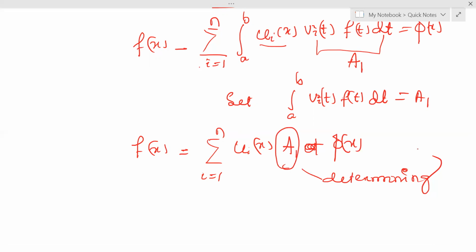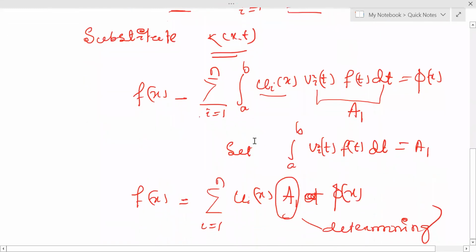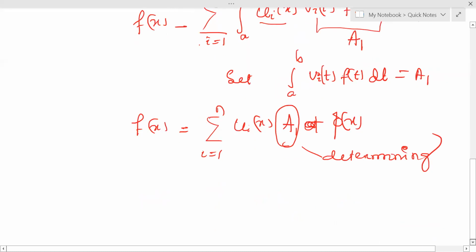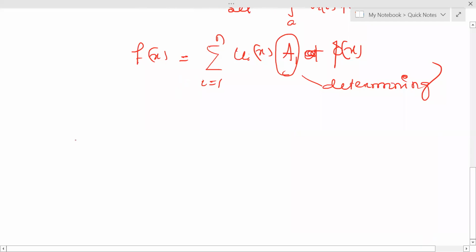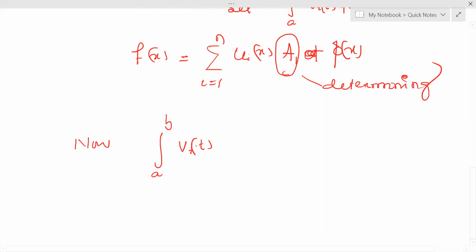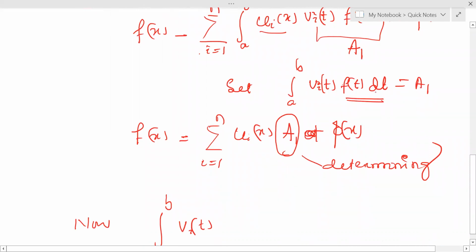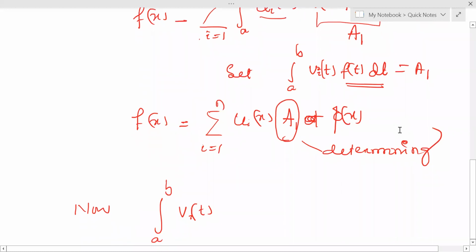Now the integration is given here: v_i(t) f(t) dt is equal to a_i. So now the integral from a to b of v_i(t) times the remaining value f(t) dt is equal to a_i. What is the representation of f(t)?